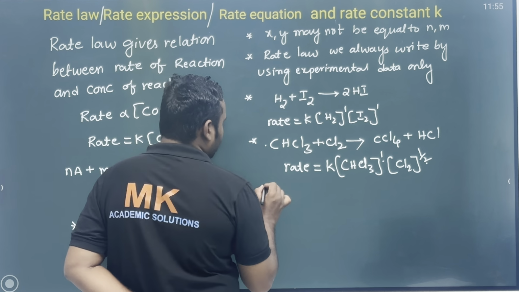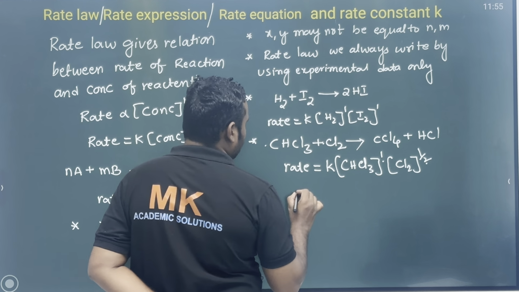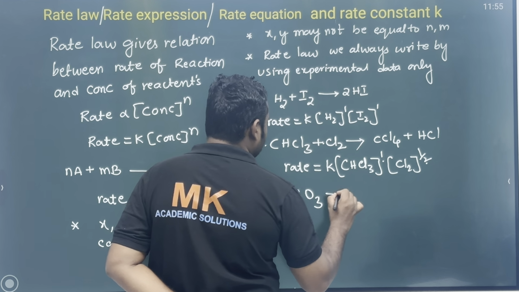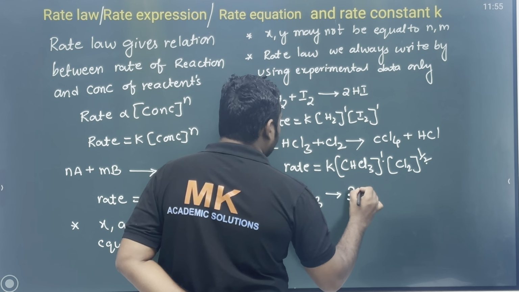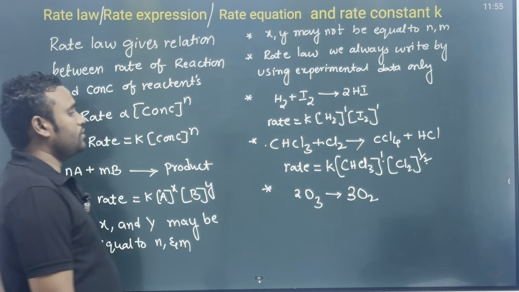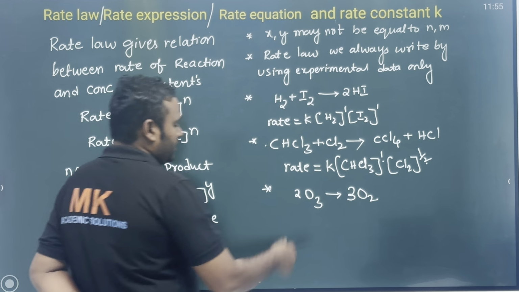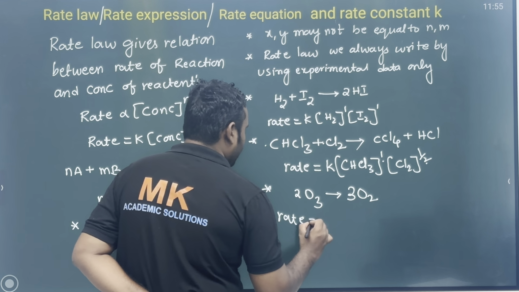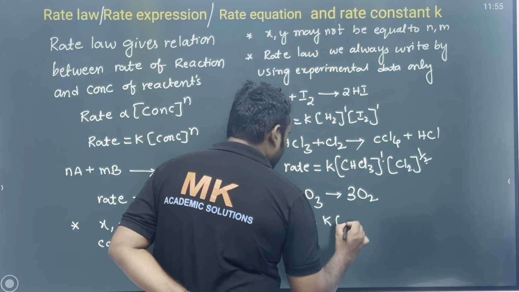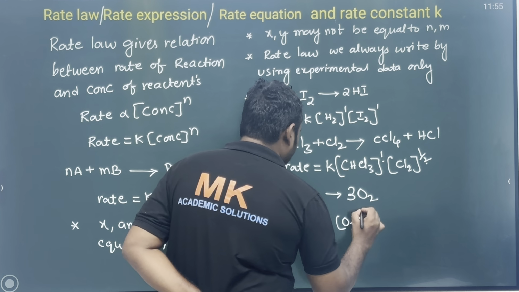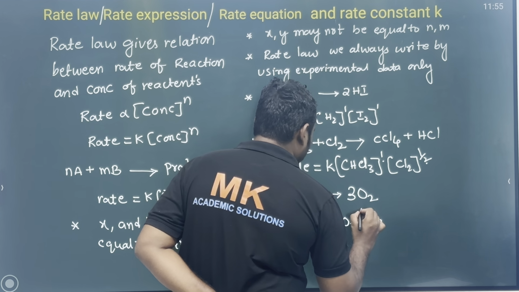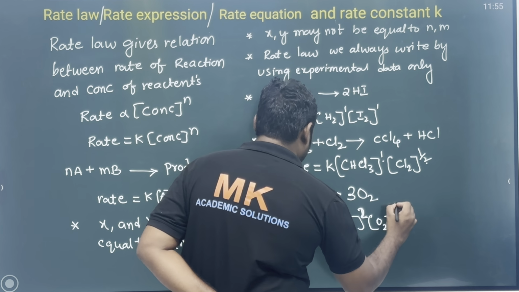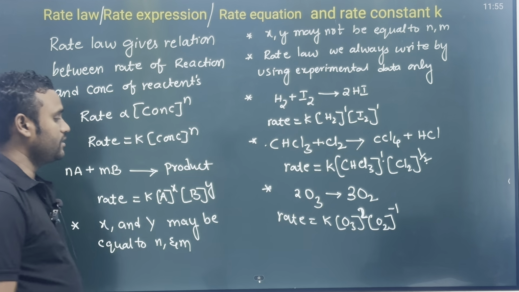And you take one more example also. 2O3 gives rise to 3O2. This is the decomposition of ozone. If you take this decomposition, rate is equal to k into O3 power 2, O2 power minus 1.